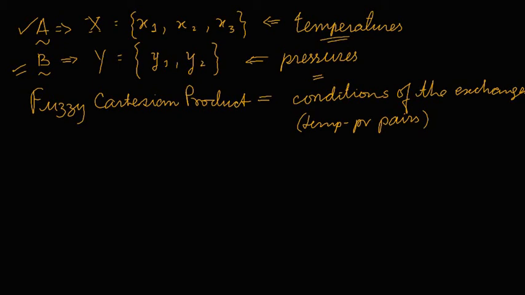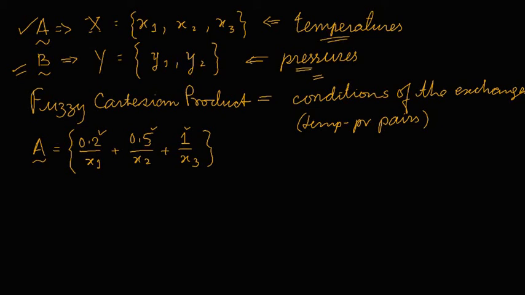So suppose we represent this fuzzy set as 0.2/x1, 0.5/x2, and 1/x3. So this membership function corresponds to ambient temperature, and here we are looking for optimum pressure.